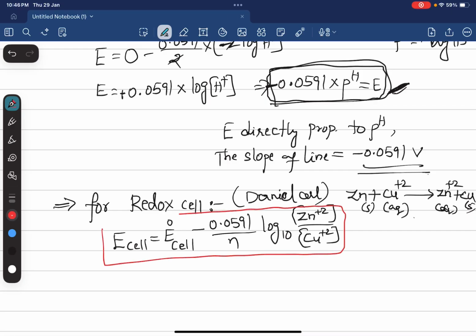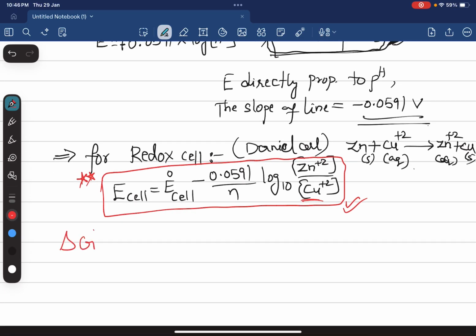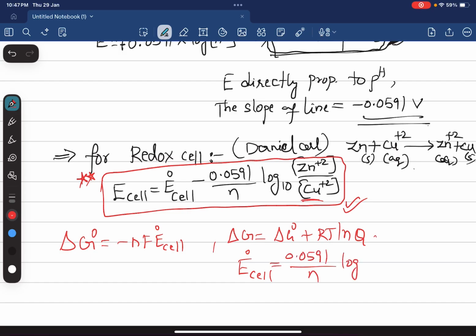So questions are mostly asked with this equation only. Here ions are changed, but questions are mostly asked with this formula only. So the conclusion formulas: delta G naught equals minus n F E naught, and delta G equals delta G naught plus RT ln Q. E naught cell equals 0.0591 by n log base 10 K. Wherever equilibrium is there, E cell will be 0 and K equals Q. These are the conditions which you are supposed to know.